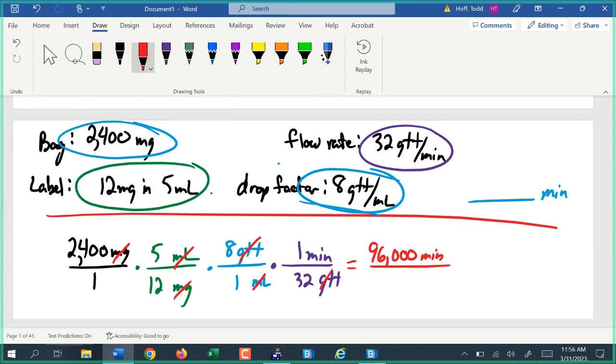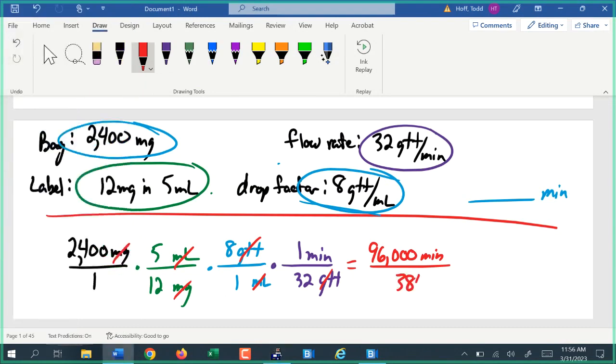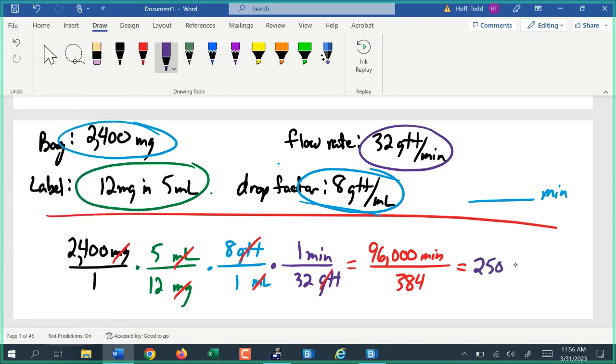On bottom, 1 times 12 times 1 times 32. Well, 12 times 32 should be 384. So we just divide that out. 96,000 divided by 384. We get 250 minutes.